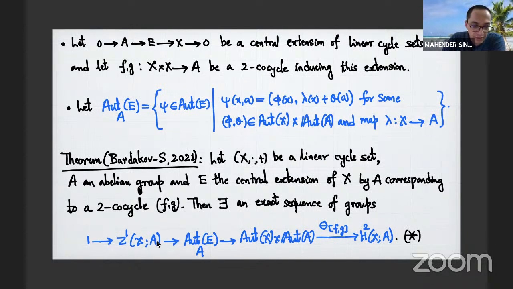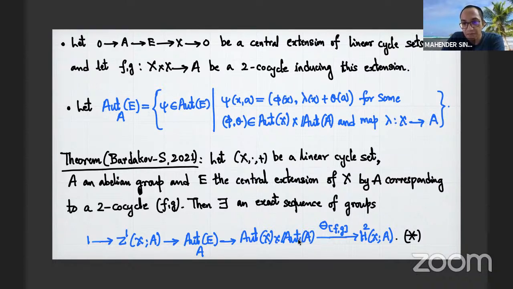So the linear cycle set, one co-cycles embed inside this group of automorphisms of the extension, and then there is a map from this group of automorphisms of extension E to this product X cross A, and the map you can see that is just mapping psi to phi and theta. Okay, one can ignore lambda, that is what happens.